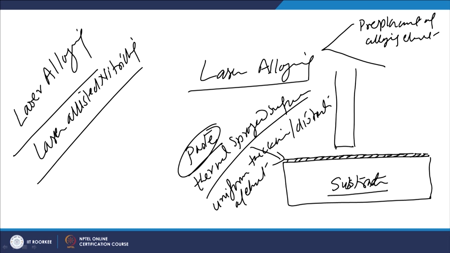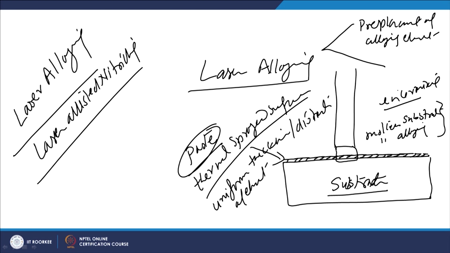The laser helps to melt both the surface layer having the alloying element and the substrate, and thereby the molten substrate and molten alloying elements intermix, which facilitates the compositional modification of surface layers.